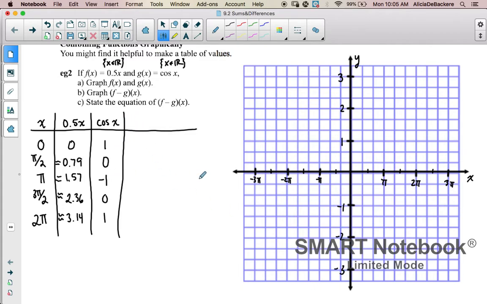All right, so now we're going to plot some points. Again, I'm going to start with the cos graph. Just putting in my key points first, and then I'm going to try and connect the dots.